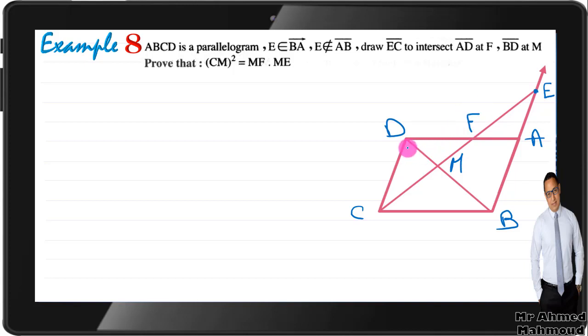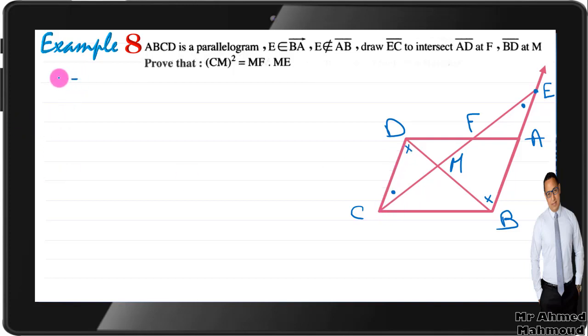Here angle D and angle B are equal. Okay, angle E and angle C are equal, so triangle MBE is similar to triangle MCD.